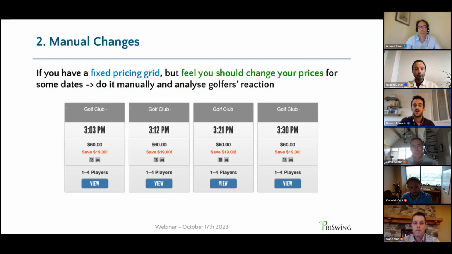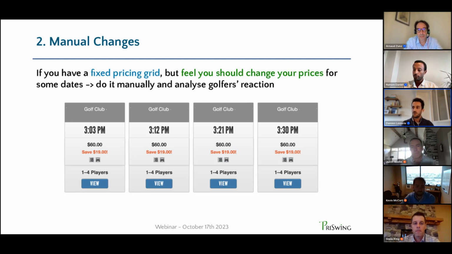Then second step: imagine you are on a fixed pricing grid, but from time to time you feel that you should change your prices, that your prices are not right because of the course conditions, or because of a very busy week coming. In those cases, you can manually change your prices, and I would say test and learn.